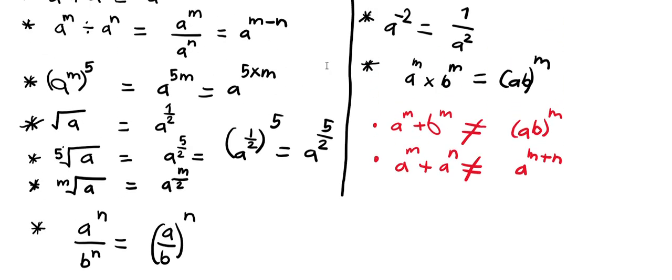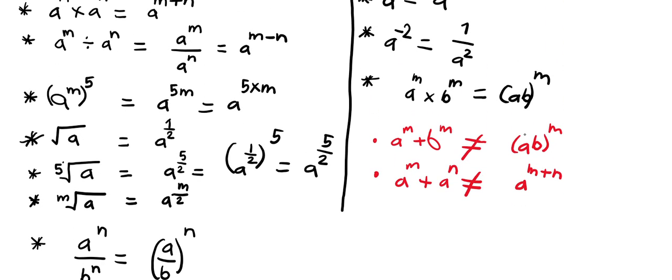There is one more rule that I sort of missed, and I don't want you to mess up, so I want to repeat: a to the power n divided by b to the power n equals (a by b) whole to the power n. It's the same thing that we had over there.